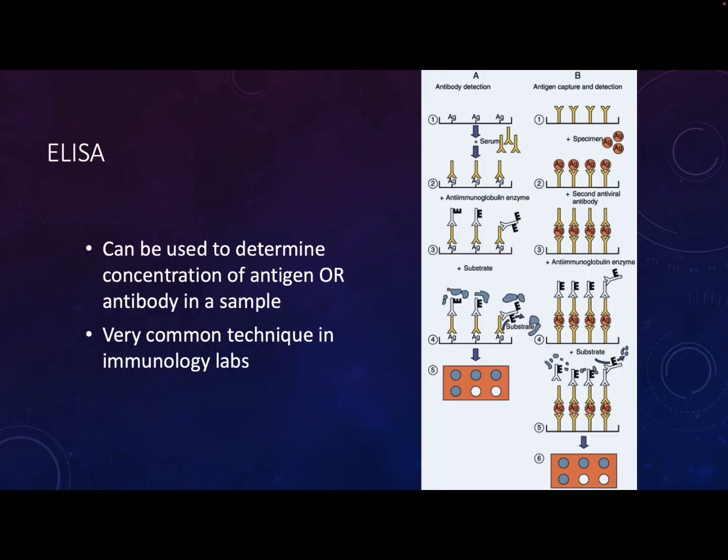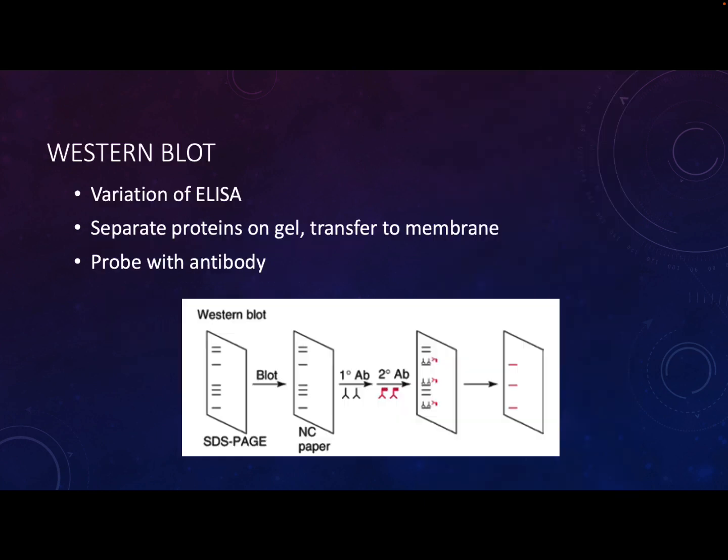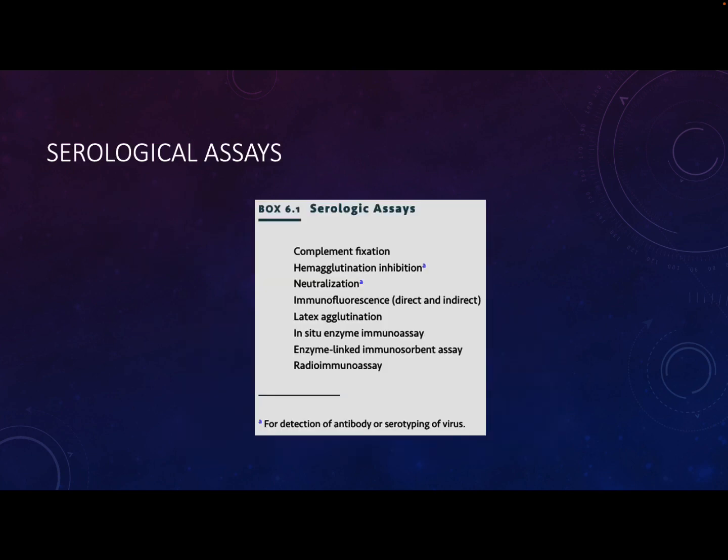ELISAs are super common. We'll talk more about how they work when we get into the ELISA section. And the same thing with Western blots, super common. And we'll talk more about how they work when we talk about the infections that are diagnosed that way. So this again is just a list of some of the serological assays. I'm just trying to introduce you to these concepts so that when they come up again over and over throughout the term, you get more and more familiar with them.